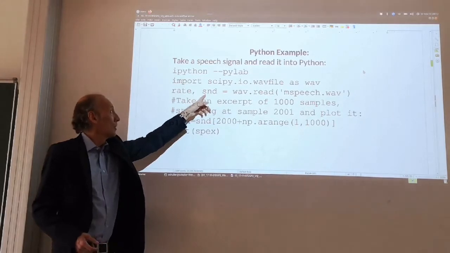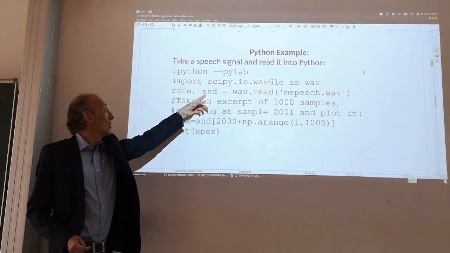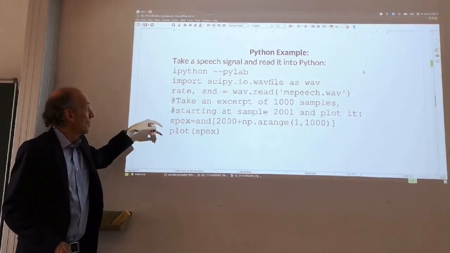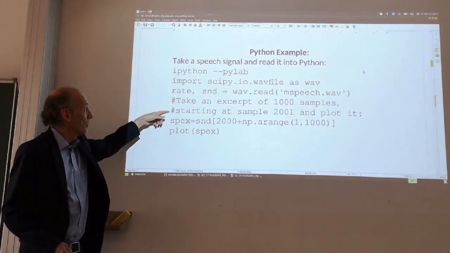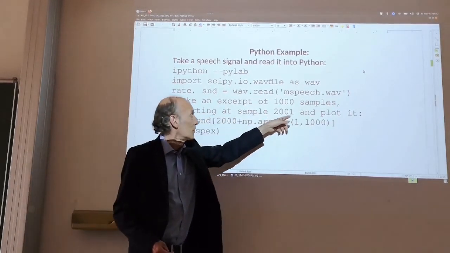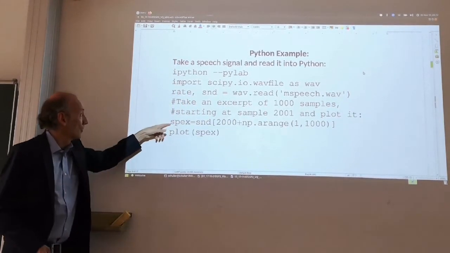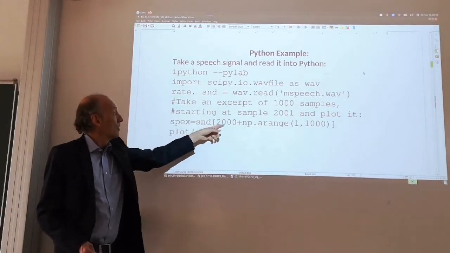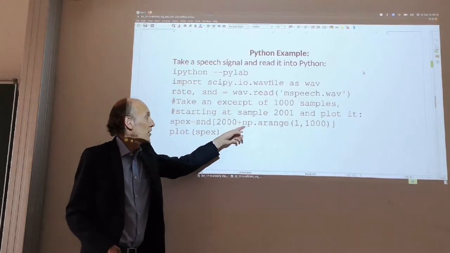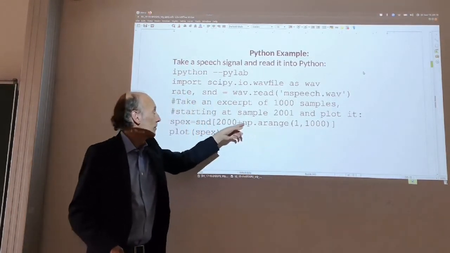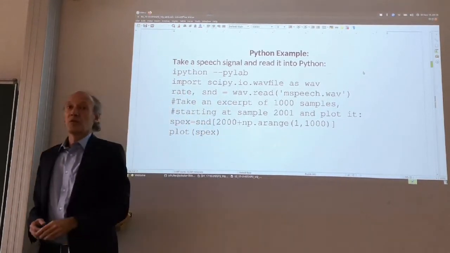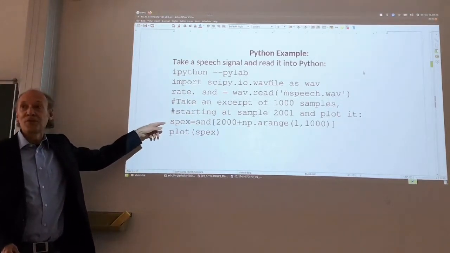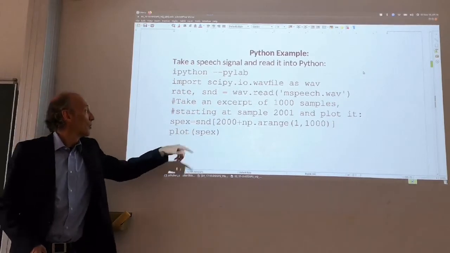This is our signal as an array, and rate contains the sampling rate as an integer. And we just take an extract of 1,000 samples, starting at sample number 2001, and plot it. So here, speech example is our sound array, starting at 2,000, and then I'm taking the next 1,000 samples. NumPy gives us the next 1,000 samples. Make sense here? Yeah.